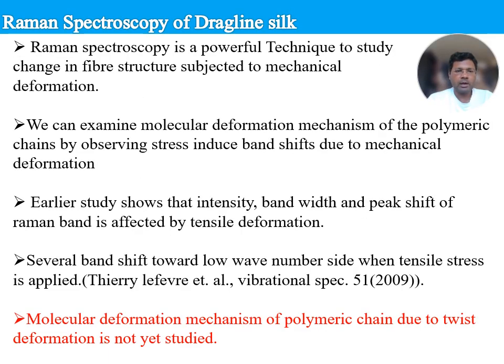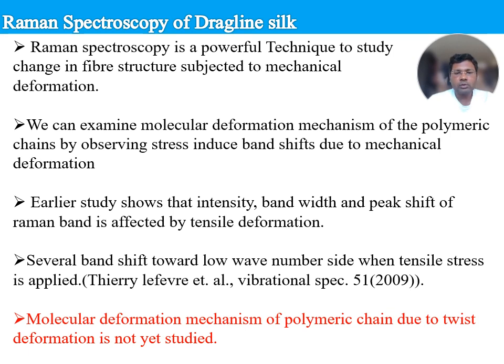Now, in this part, I'll show how spider silk molecular structure changes due to twist deformation by using Raman spectroscopy. Raman spectroscopy is a powerful technique to study changes in fiber structure subjected to mechanical deformation. We can examine the molecular deformation mechanism of polymeric chains by observing stress-induced band shifts due to mechanical deformation.